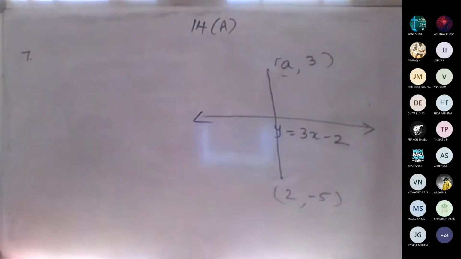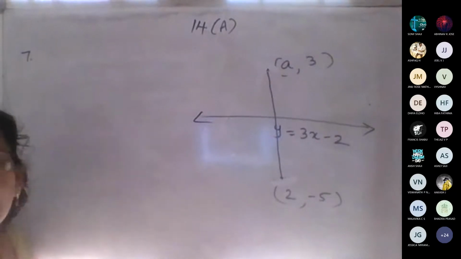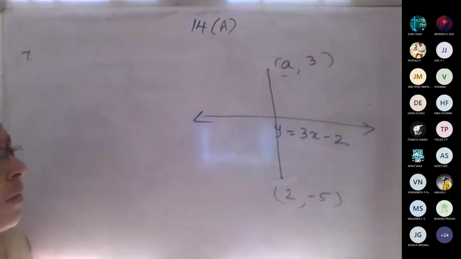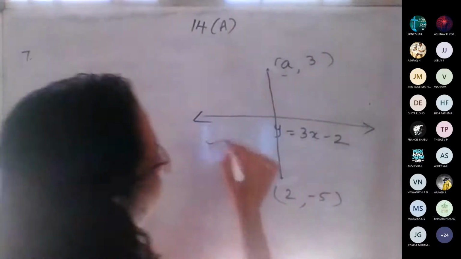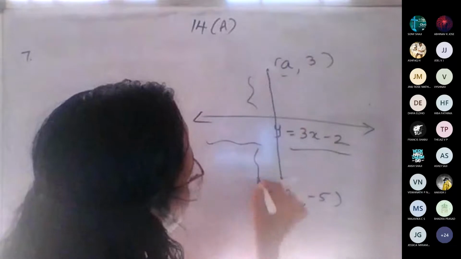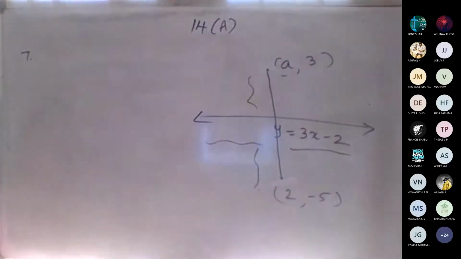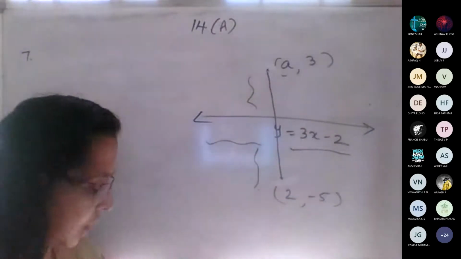So what can we do? Whether it bisects or not, where it bisects. So what do we have to find out? The bisecting point we have to find out. Same as the previous question, bisect means it will divide. What is the peculiarity of bisect?